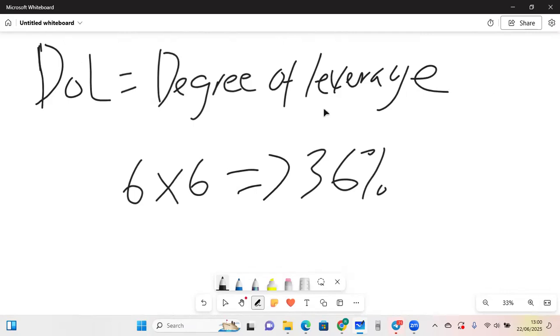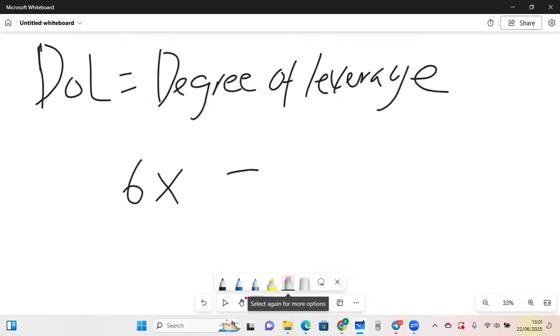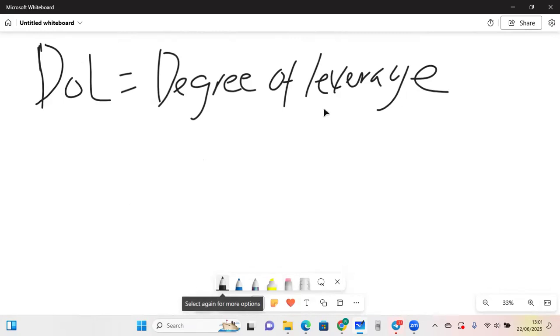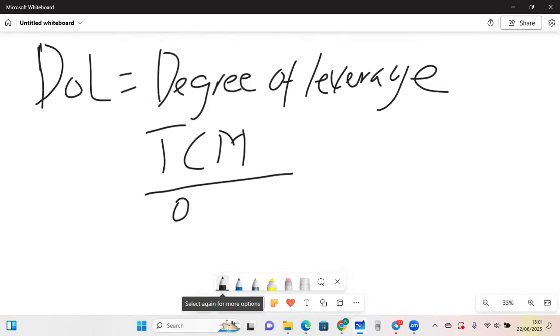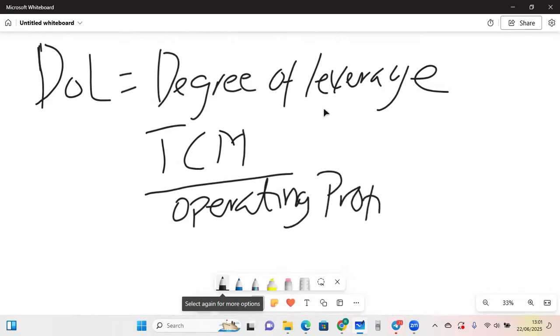So it is given by this formula. For the simple formula, you can actually use the total contribution margin divided by operating profit, right, and then you get it.